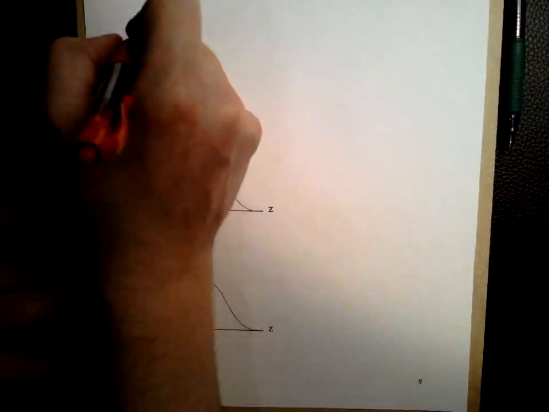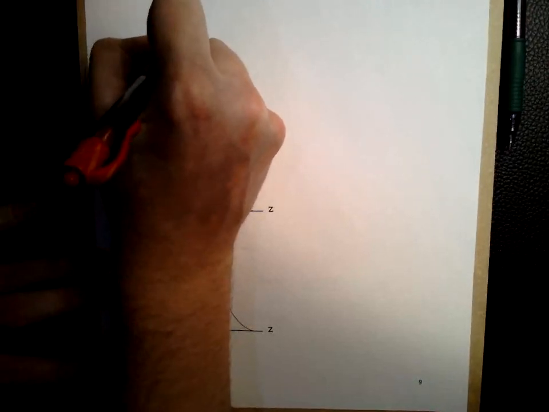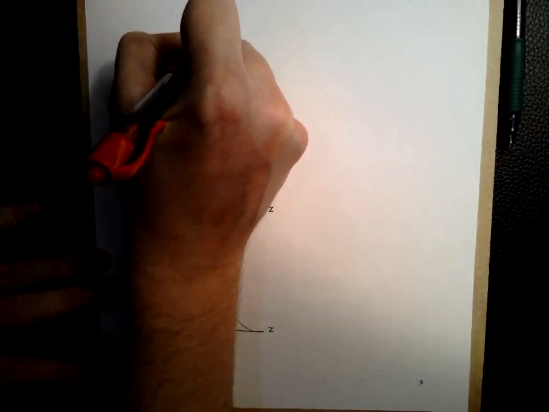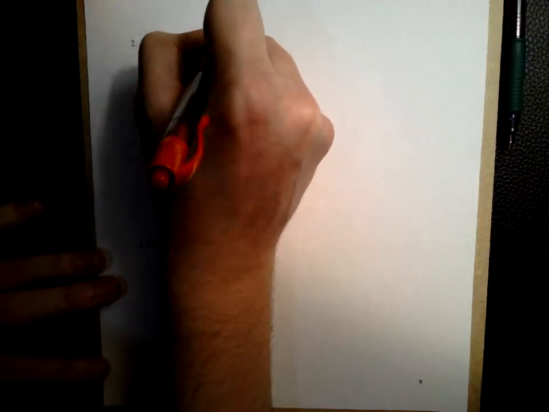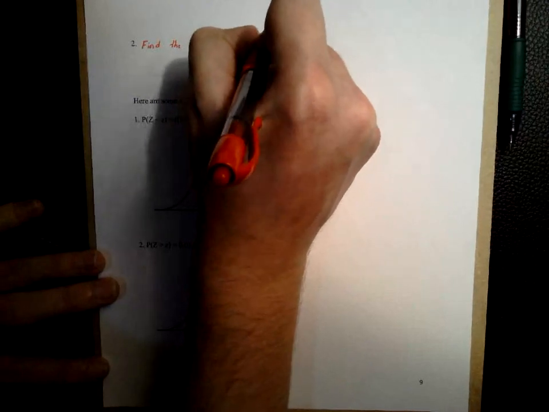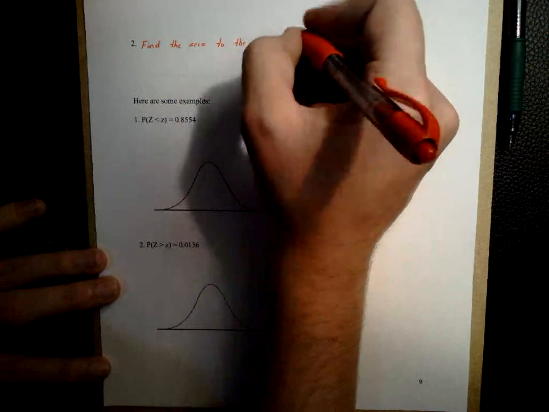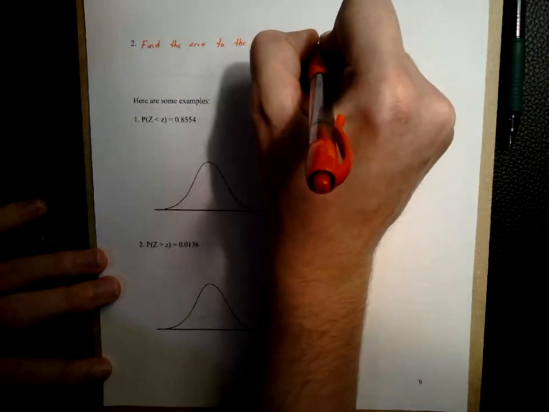And the second one is find the area to the left of the unknown z-score.